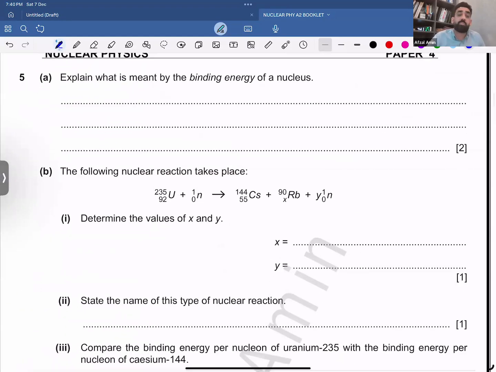Explain what is meant by binding energy. Binding energy, last time we defined in a very good way, is the minimum amount of external energy needed to separate apart the nucleons to infinity.